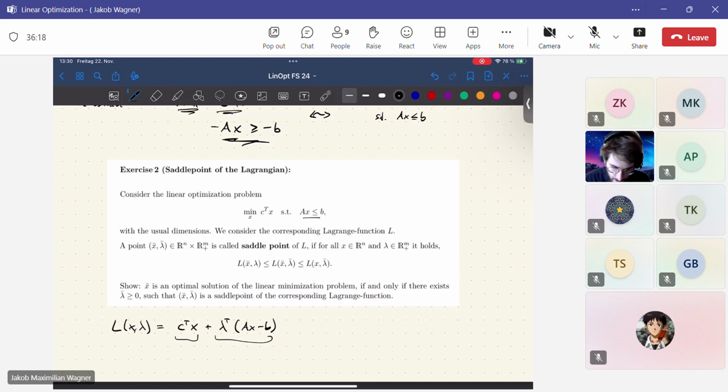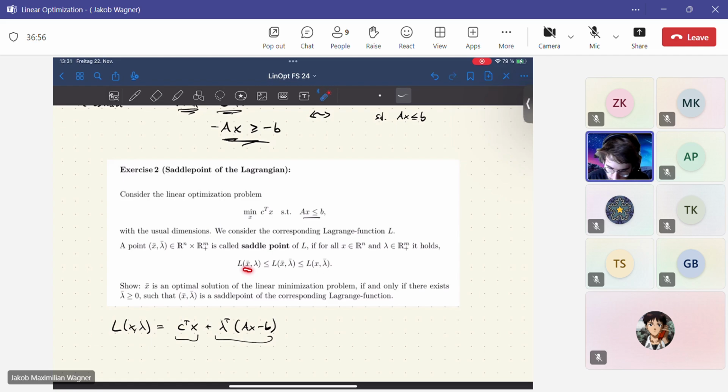And now we want to consider another characterization for optimality. And this is the so-called saddle point condition. So we say that we have a saddle point x bar and lambda bar if for any other x, if we insert x instead of x bar into this Lagrange function, where we still keep the lambda bar, then this makes the value of the Lagrange function larger.